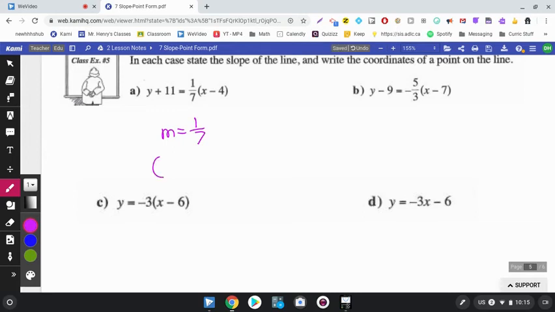In terms of my point, I need to remember it's supposed to be y minus y1 and x minus x1. So the x is actually easy. X minus 4, x minus x1. Okay, it's supposed to be minus and it is minus. Your x1 is just 4. So my x value is 4.